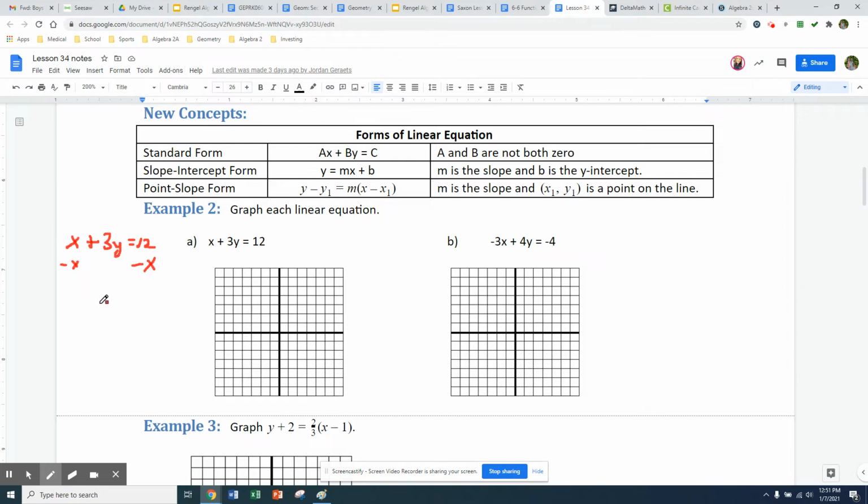In this case, because it's a positive x, we'll use the inverse operation. So 3y is going to equal negative x plus 12. Then we'll divide everything by the y term, which is 3. And we'll get y is equal to negative 1/3 x plus 4. 12 divided by 3 is 4.